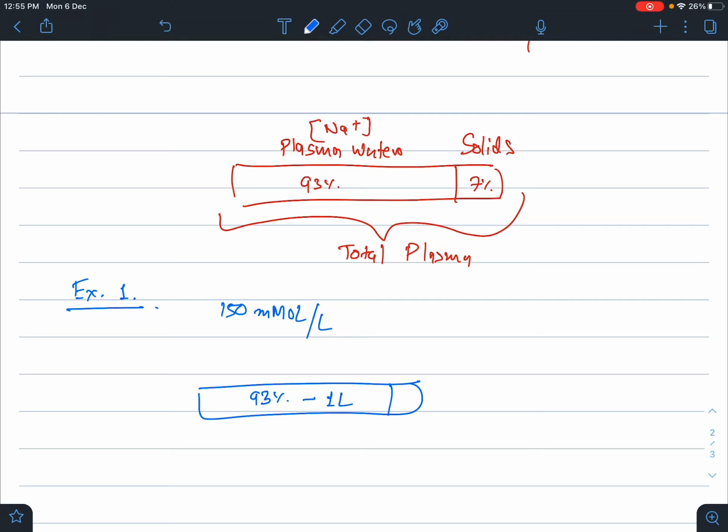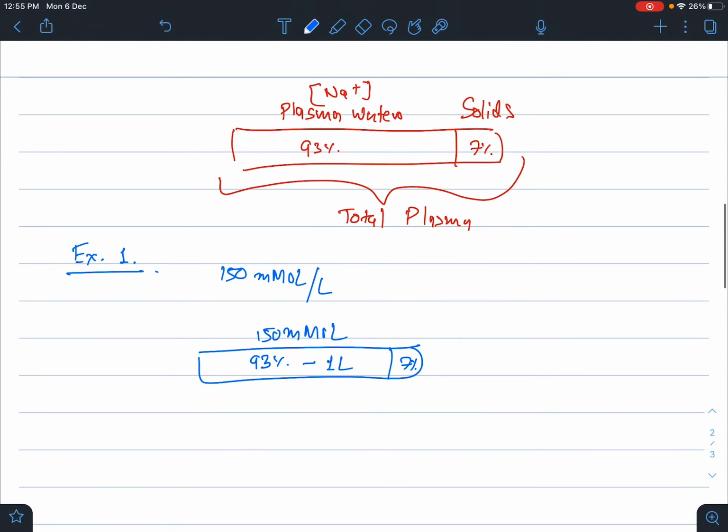By simple calculation, this 93% part, which is 1 liter, will contain 150 millimole of sodium, and this 7% part will contain none. But we are not measuring in this 93% part specifically, we are measuring in this whole 100%.